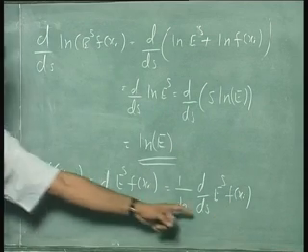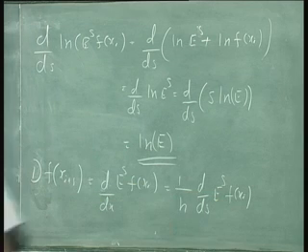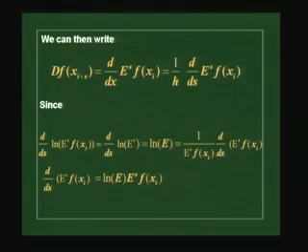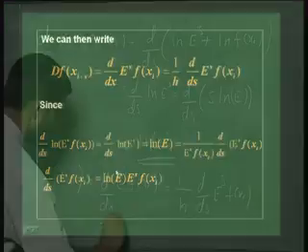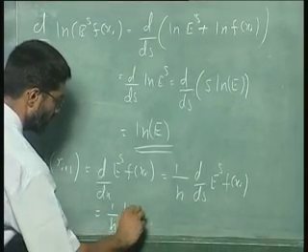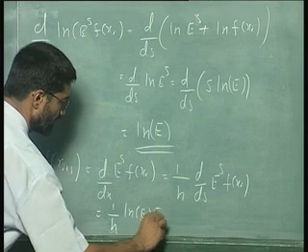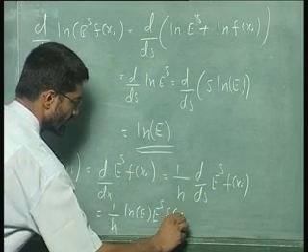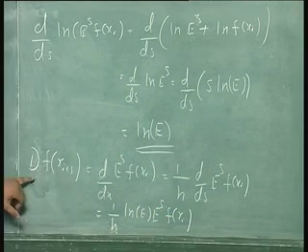Now we are saying d by ds of e to the power of s f of x_i is what we are going to replace by this function here, that is log e to the power of s f of x_i.